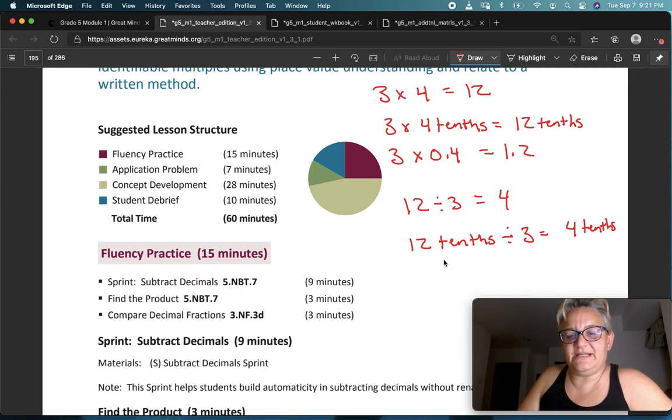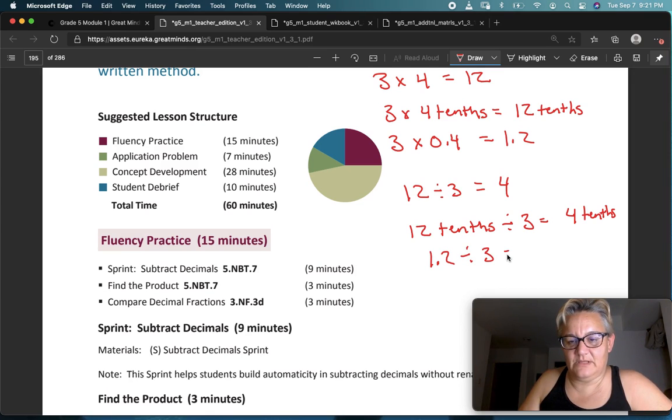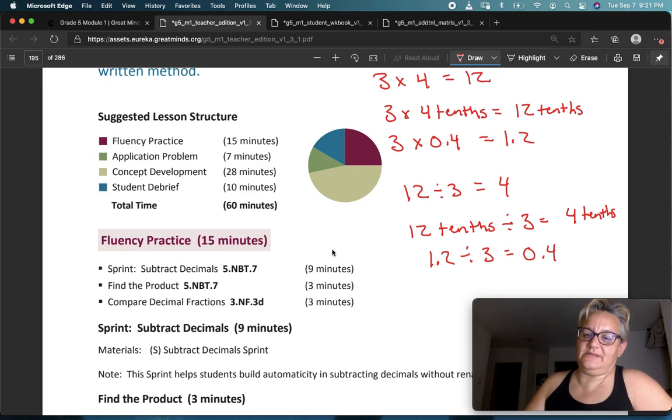So the only thing I've done here is I've shifted that decimal over. Do you see how these numbers here match these numbers here? And that's that place value understanding, because you know 12 divided by 3 equals 4.